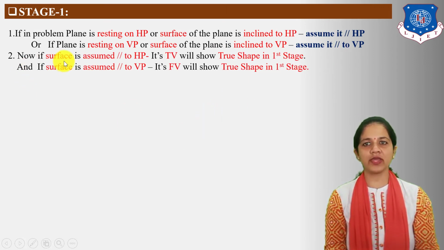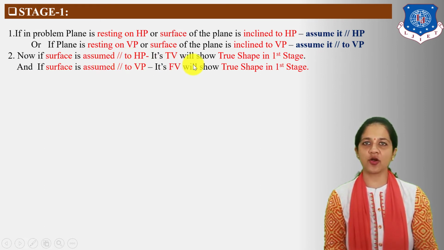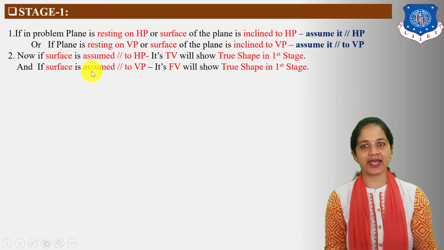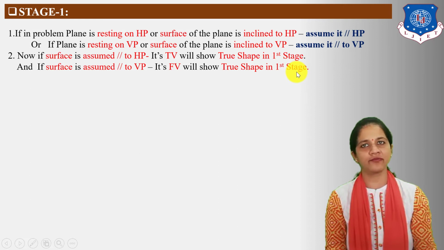Now if the surface is assumed parallel to HP, its top view will show true shape in the first stage, and if the surface is assumed parallel to VP, then its front view will show true shape in the first stage.